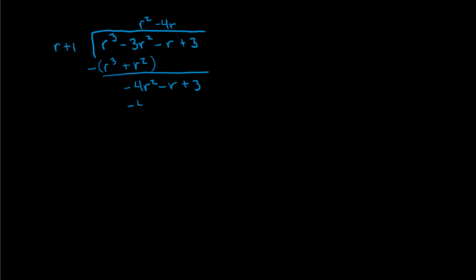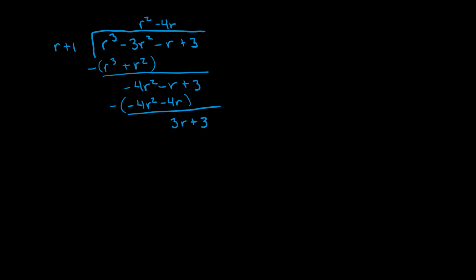That's going to give a negative 4r squared minus 4r. I'm going to subtract that. So we're going to have a negative 4r squared minus a negative 4r squared, and they're gone. We have minus r minus a minus 4r, which gives us plus 3r. So we have 3r plus 3.